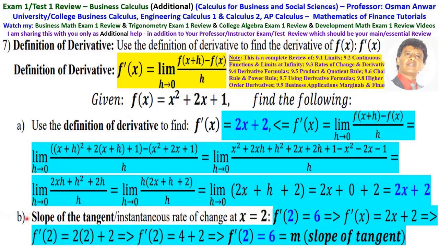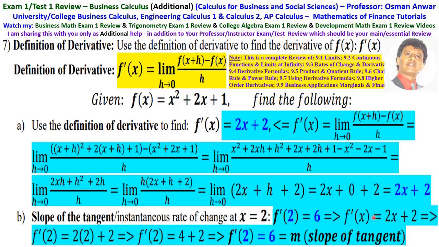Part B is the slope of the tangent, the instantaneous rate of change at x equals 2. So you already have the derivative f prime of x is 2x plus 2, then evaluated at 2, and that is the instantaneous rate of change or slope of the tangent.